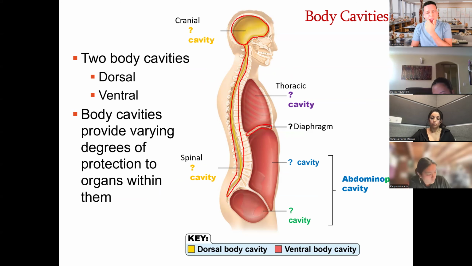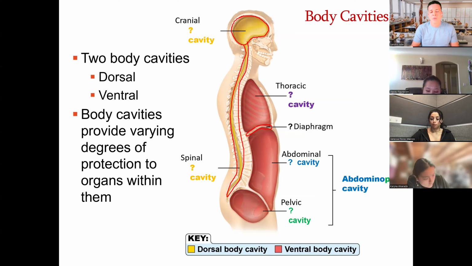And we're going to see how within the thoracic cavity, we're going to find smaller cavities. We're going to find the pericardial cavity. We're going to find the pleural cavity. We're going to talk more about them in a minute. Now, below the diaphragm, we have another cavity called the abdominal cavity. And then below that, we have the pelvic cavity.